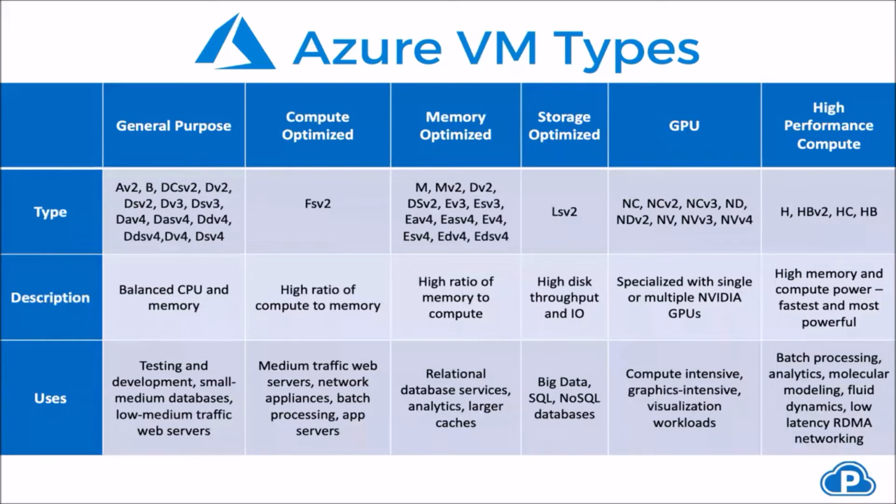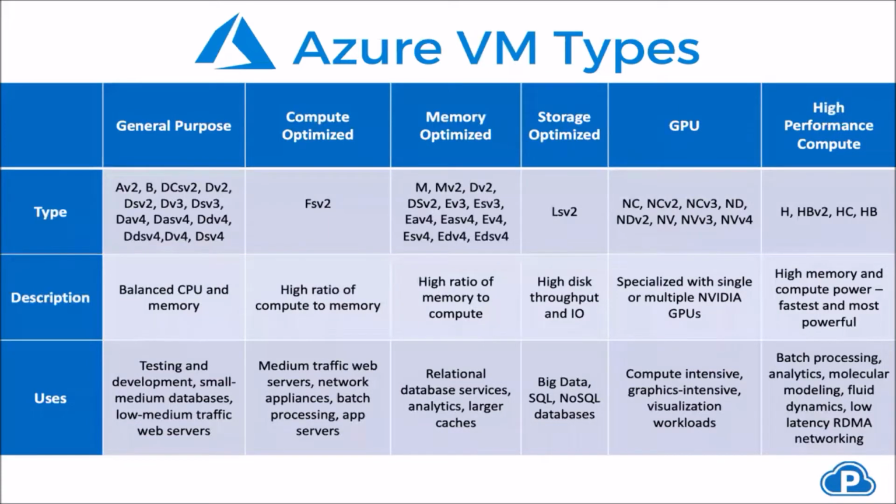Simply, these machines are used if we require very good graphics and we want to do some designing works and so on. This type of virtual machines are used for compute intensive, graphic intensive, and visualization workloads. NC, NCV2, NCV3, ND series are some of its examples.